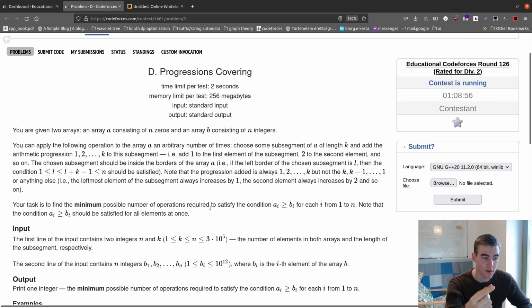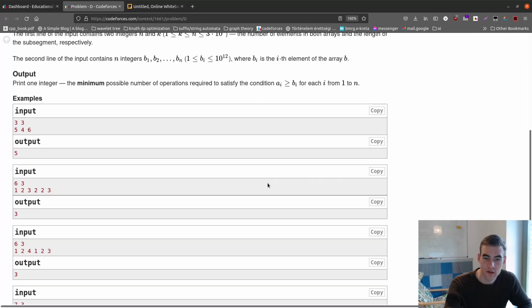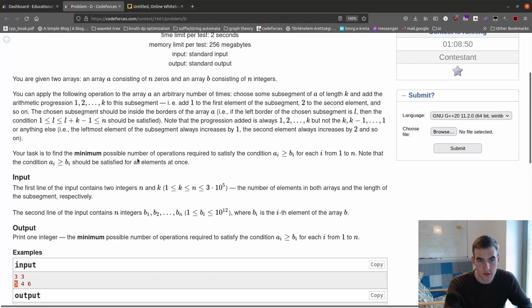I definitely have to increase the first element at least bi number of times. So I need to increase the first element 5 times, that's obvious. After that, it might not be worth it to increase all of them by the most.